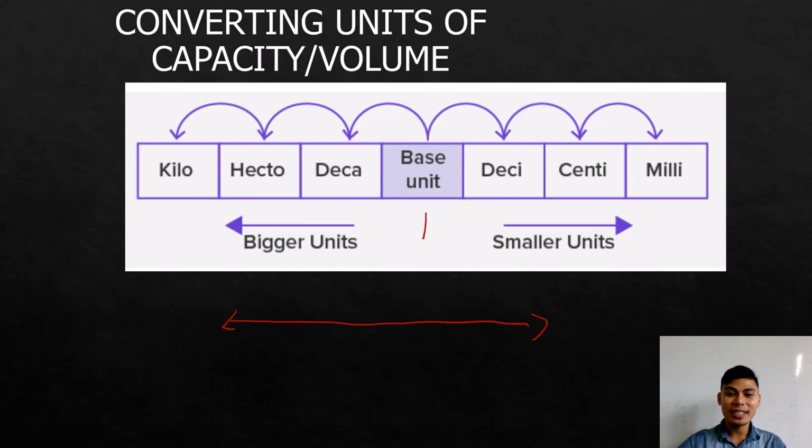This is the third lesson. So, kung si liter dito, basic unit, so we have deciliter, centiliter, milliliter. Dito, decaliter, hectoliter, and kiloliter. Ganyan lang po pala ka-basic.